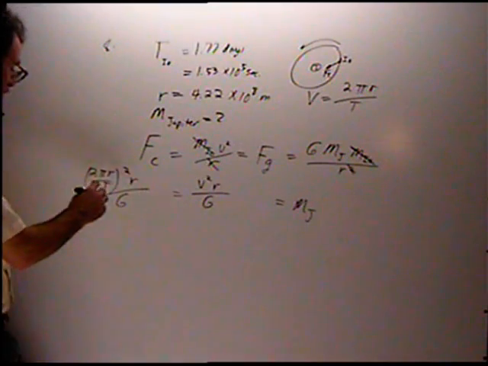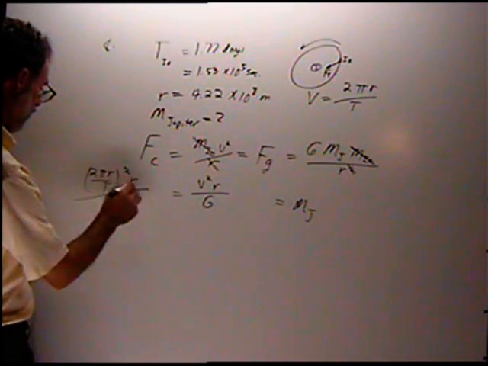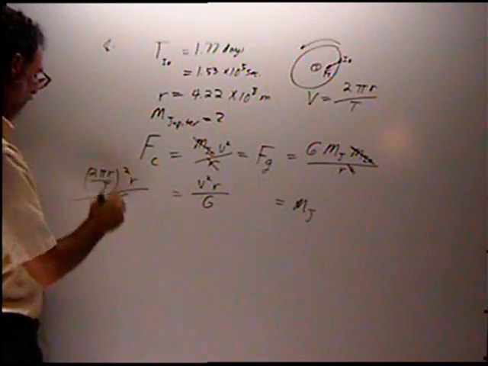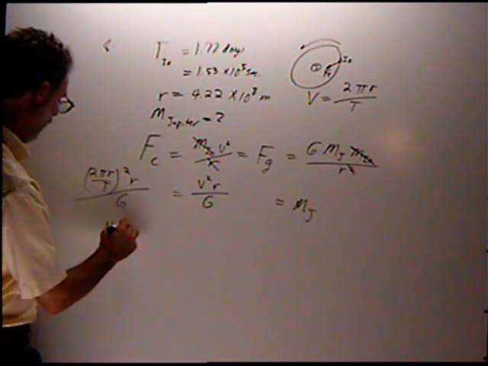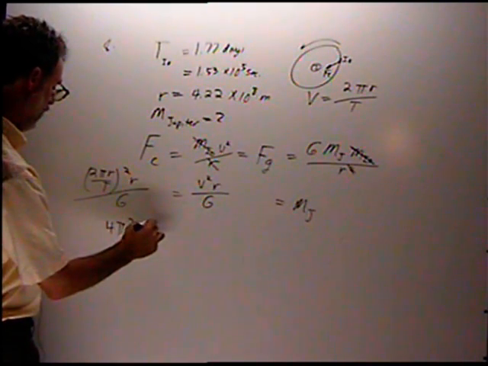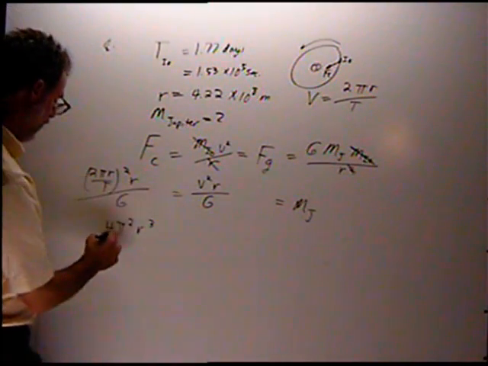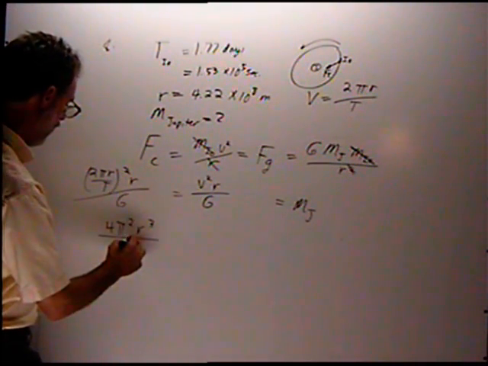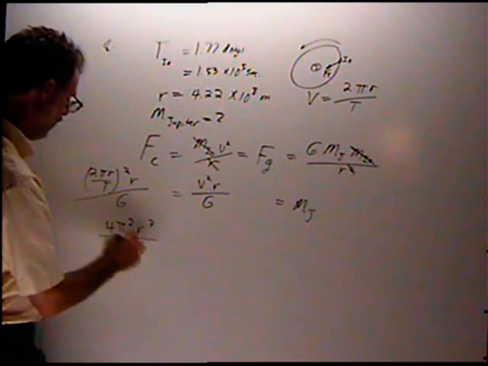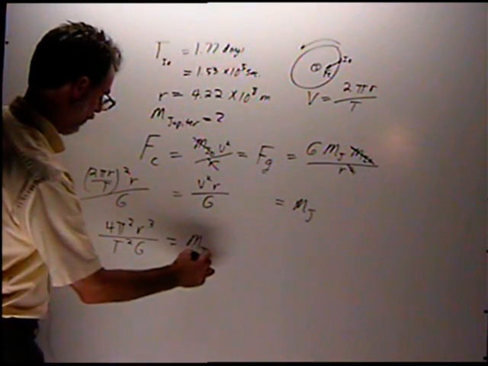And can you see this? I think so. So we get 4 pi squared r cubed, but we have r squared times r, divided by the period squared times G. And that equals the mass.